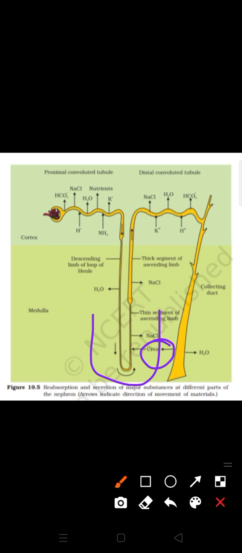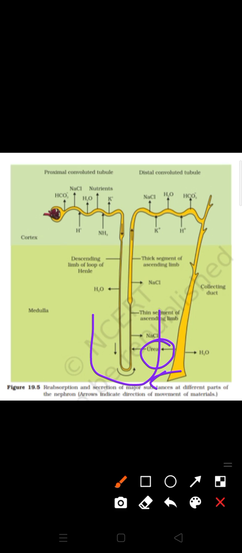If urea is high in the collecting duct, at that time urea is reabsorbed here. This also plays a very efficient role in the maintenance of pH as well as ionic balance. So potassium and hydrogen ions are also balanced in this region.